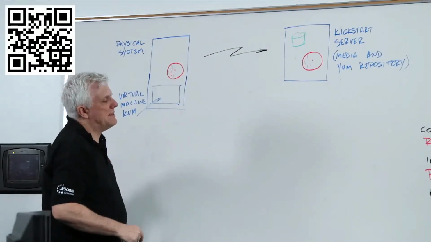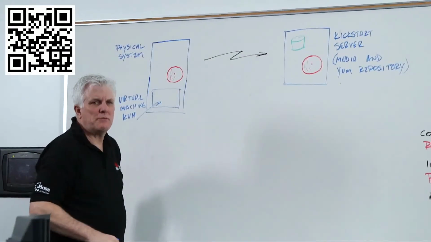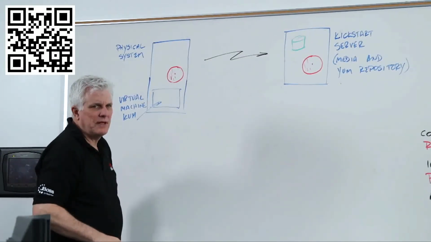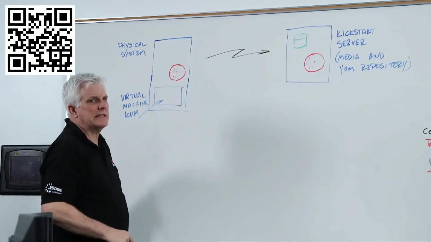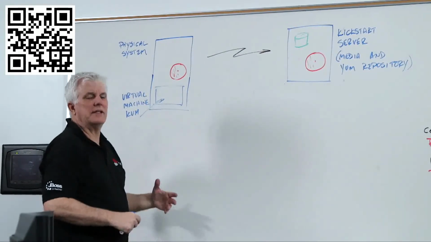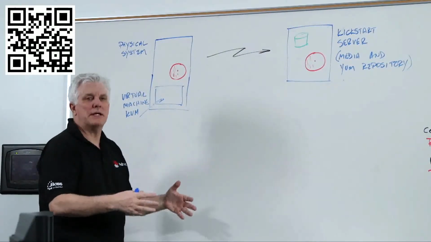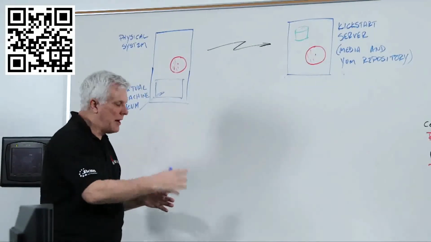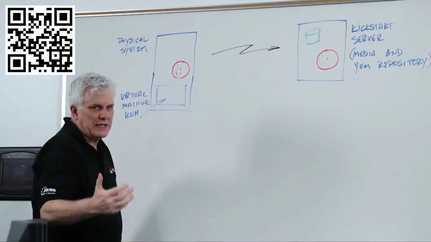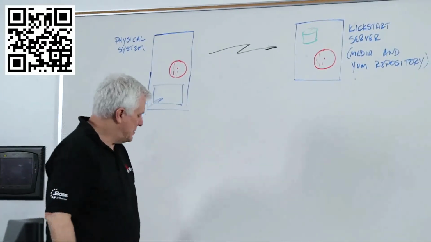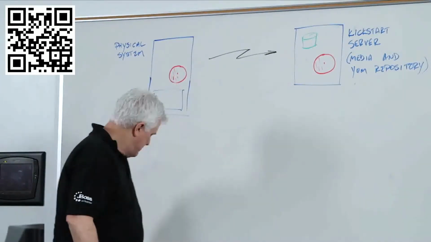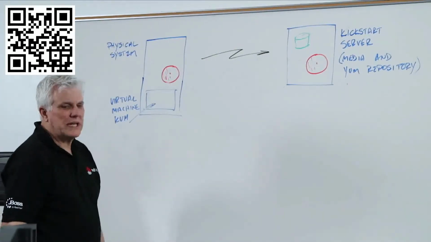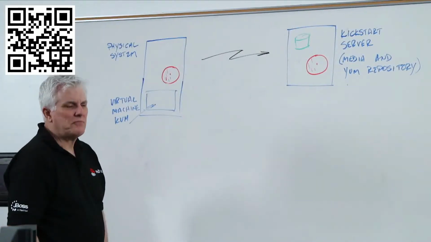I can grab a DVD, boot my machine off of that DVD, and that will automatically take me into the Anaconda installation, and it will require me to answer all the questions. It will prompt me through for the things like partitions and packages and layout and all the rest of it. So it will take me through the whole installation manually.